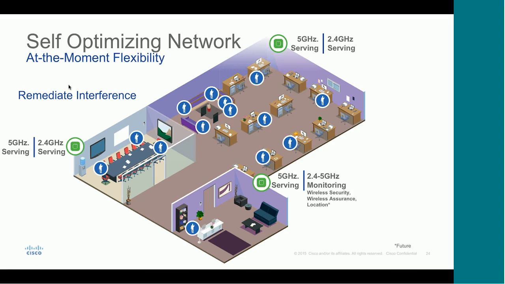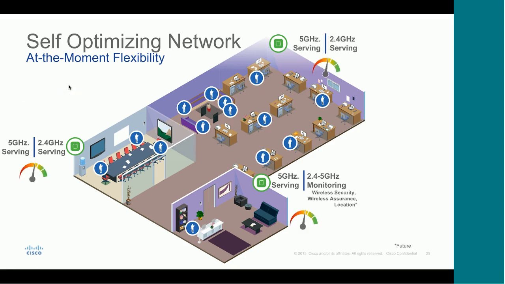So when we talk about a self-optimizing network, we want to jump through these types of scenarios where you have multiple people spread out in an office, served on either the 5 gig or 2.4 gigahertz bands.